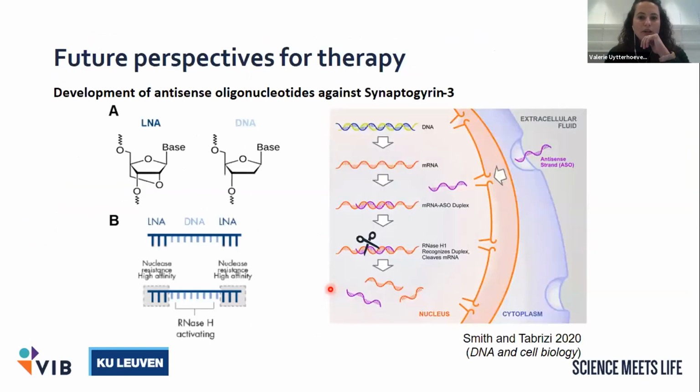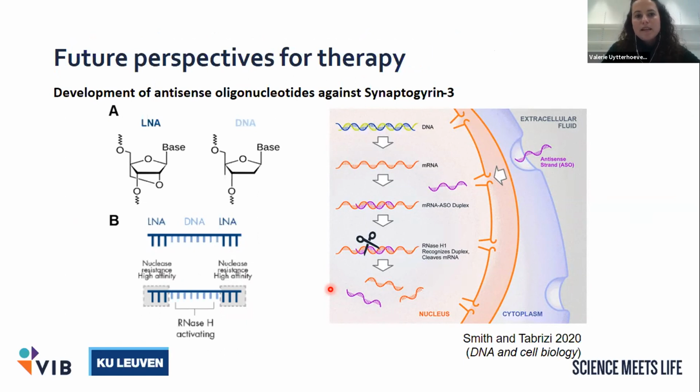And to end, I want to show you that we are also busy with developing a possible therapy for targeting synaptogyrin 3. So we are developing antisense oligonucleotides against synaptogyrin 3, and we found a couple of them that can reduce synaptogyrin 3 levels in human cells in vitro and also in mouse cells in vitro.